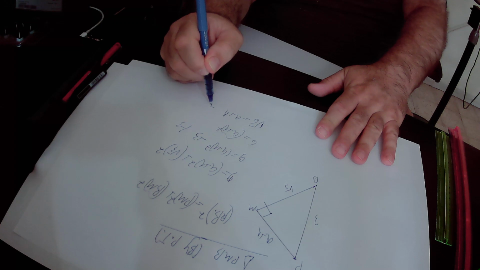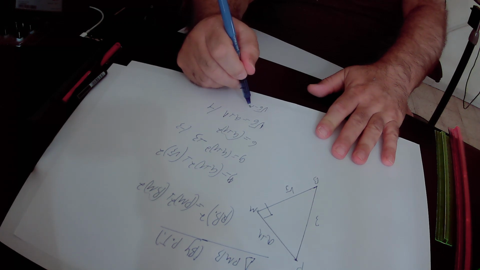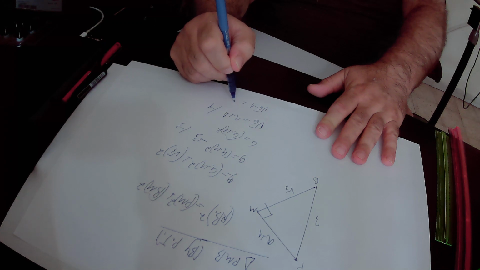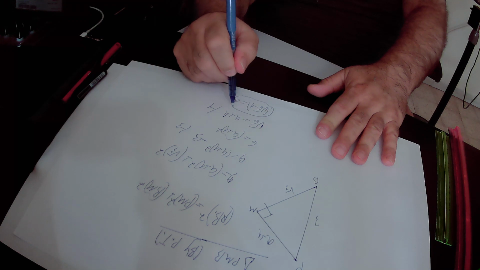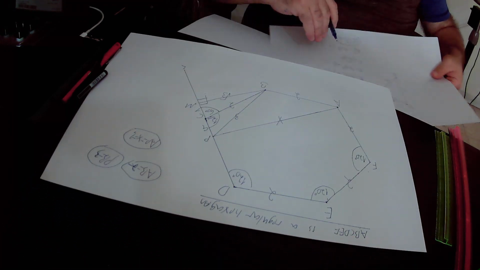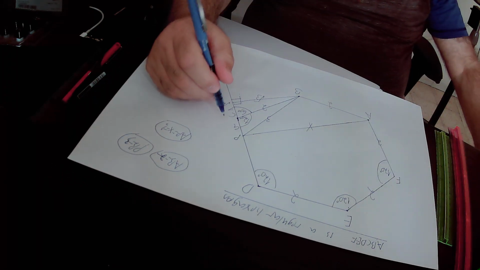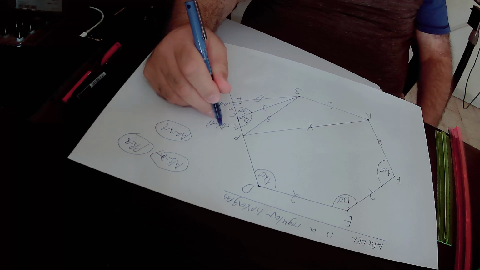Here we subtract 1 from this equation and we get that the square root of 6 minus 1 equals A, or A equals the square root of 6 minus 1 units. Okay, so I can write down here that A equals the square root of 6 minus 1 units.